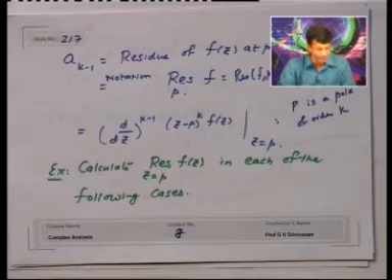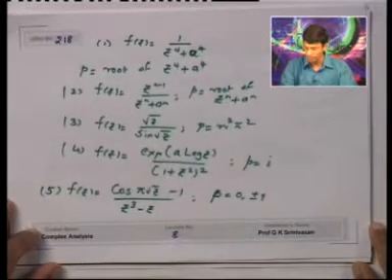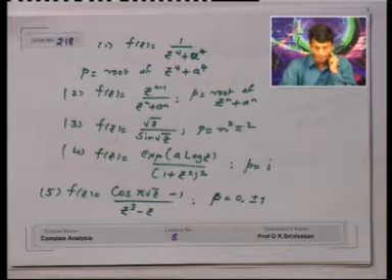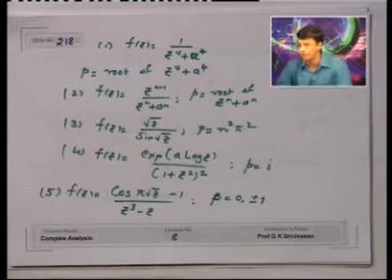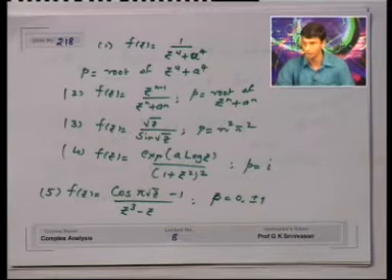The exercise: calculate the residue of f at z equal to p in each of the following cases. Please hurry up and write these exercises quickly. Just write the function and where you have to calculate the residue. f(z) equal to 1 over z^4 plus a^4. You calculate the residue at each of the roots of the denominator.